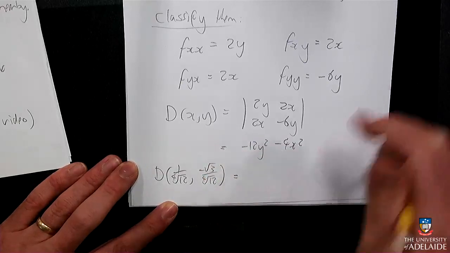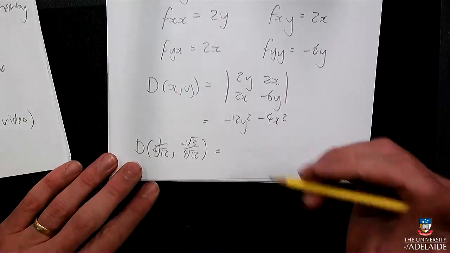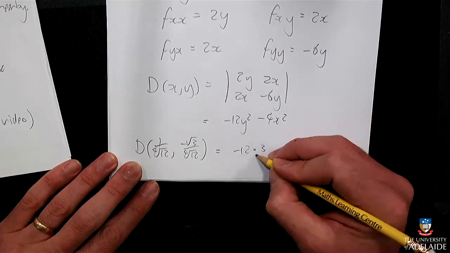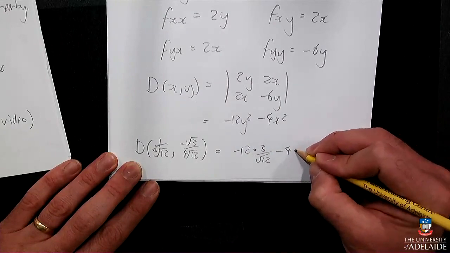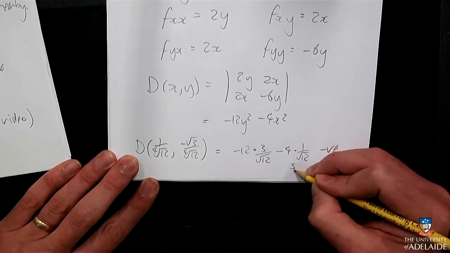when I sub in this point into this discriminant, I get minus 12y squared and minus 4x squared, which is negative, and so it's a saddle point.